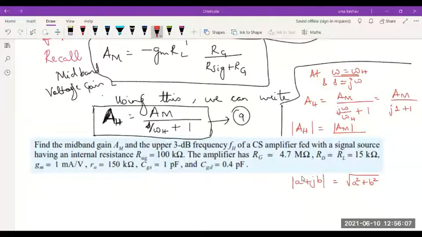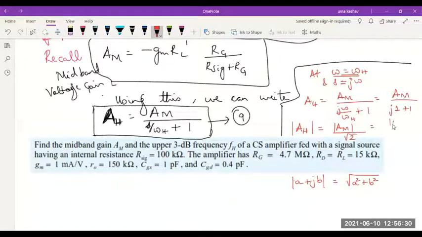See, if you have a rectangular function in the form a plus jb, the magnitude of this function is root of a square plus b square. So what is the magnitude of 1 plus 1j? It will be root of 1 square plus 1 square, which is root of 2.